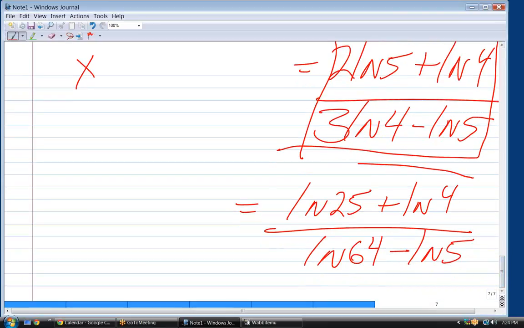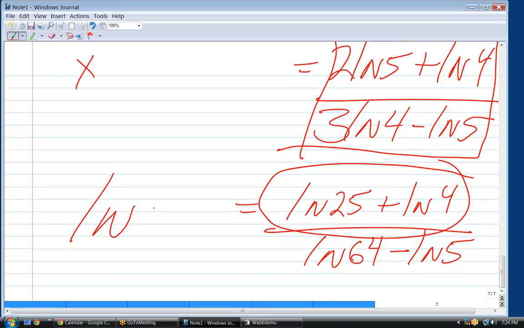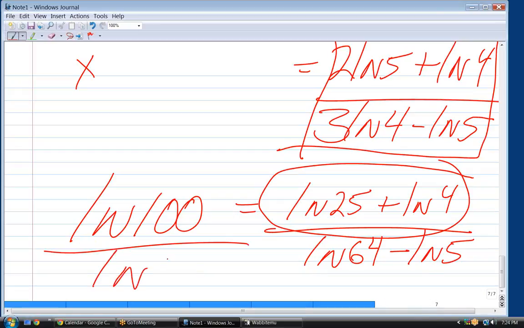Now I can actually turn that into natural log of 100. Right? Natural log of A plus natural log of B is equal to the natural log of A times B. And in the bottom, because I am subtracting, that's the same as the natural log of 64 divided by 5.